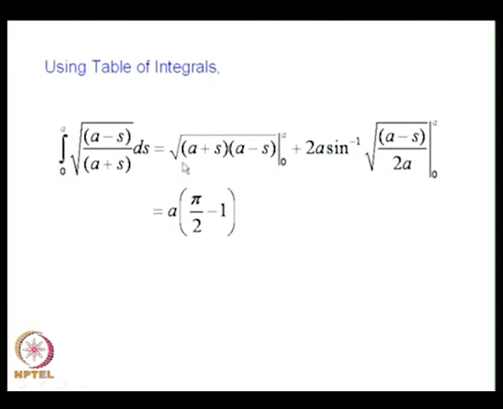The first term is square root of (a plus s) into (a minus s) within the limit 0 to a, and the second term is plus 2a sin inverse root of (a minus s) divided by 2a from 0 to a, and when you substitute the limits and simplify, you get an expression that this is equal to a into (pi by 2 minus 1). This you will have to substitute back and get the expression for k.